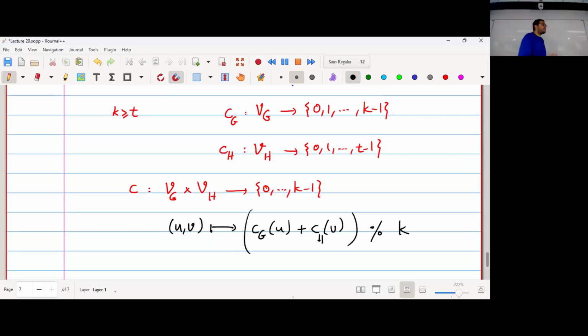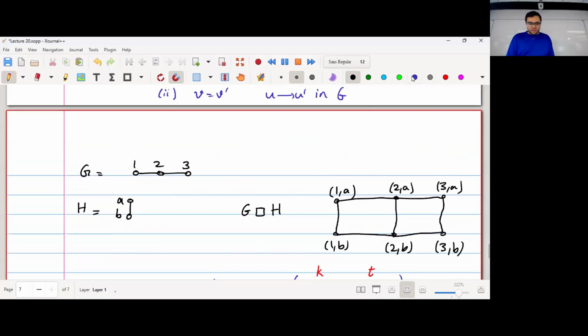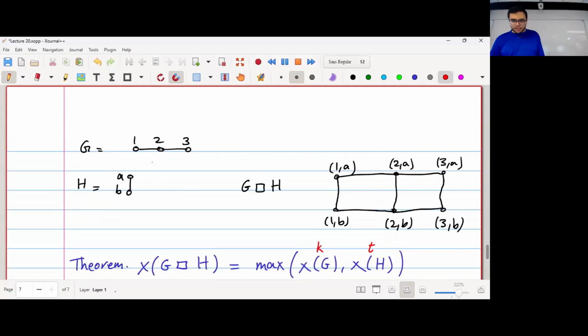Okay, but is this a proper coloring? If I have an edge, will the two endpoints of the edge get different colors? Let's look at it here. So let's say that I've already colored G. Let's say I write my colors in this color. So let's say I use colors 0, 1, and 2.